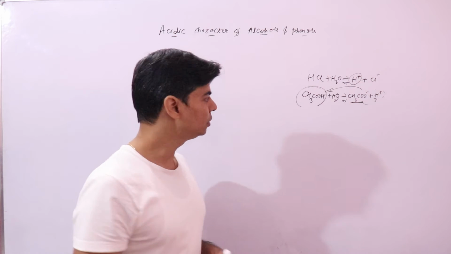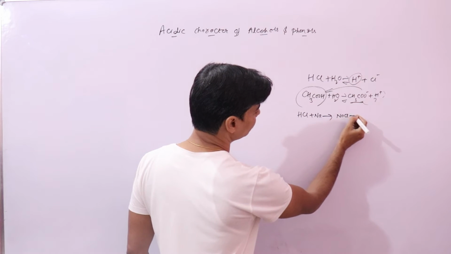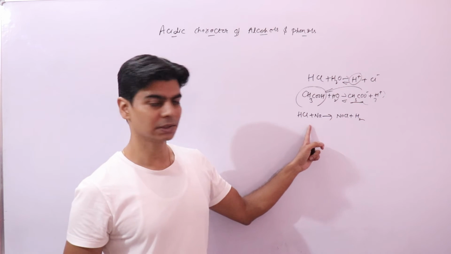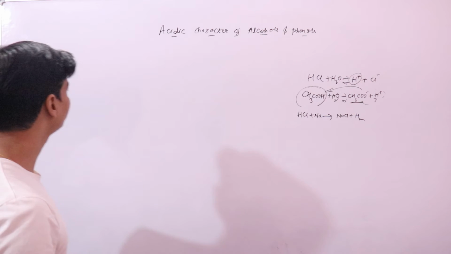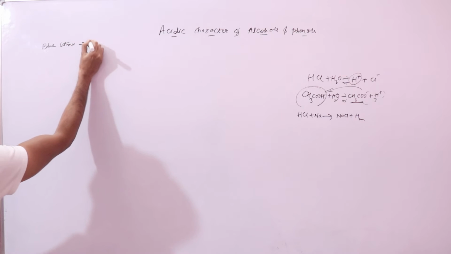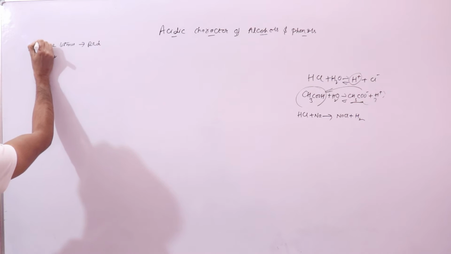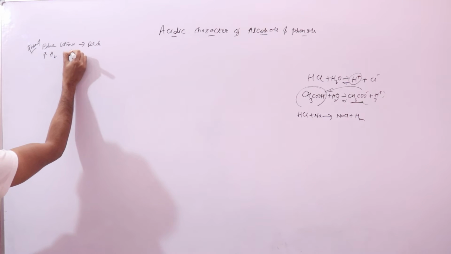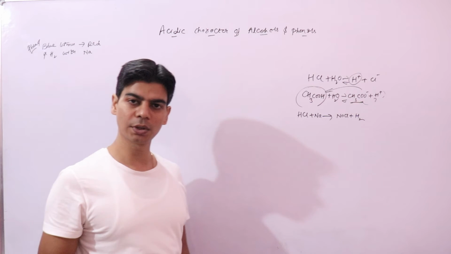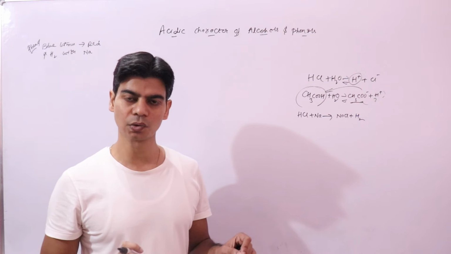And like we used to do with acids reacting with sodium metal to give you sodium chloride plus hydrogen gas, similarly, phenol also produces hydrogen gas with sodium metal, and it turns blue litmus paper red.